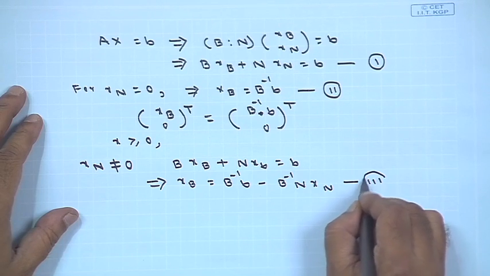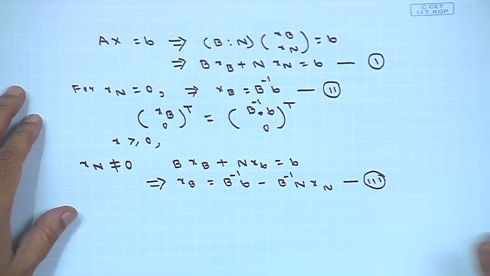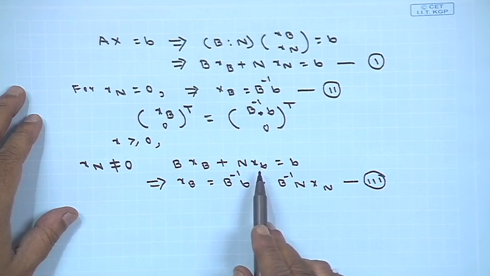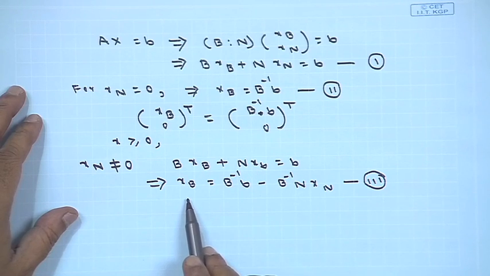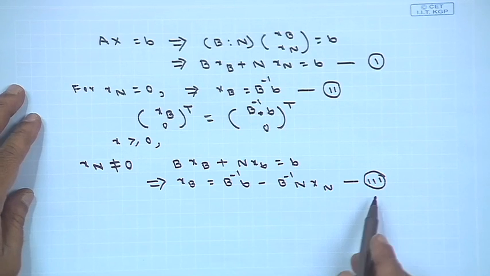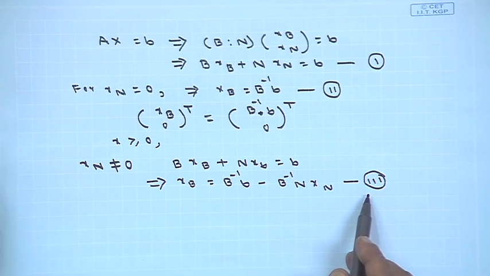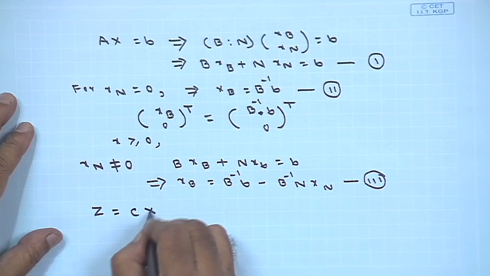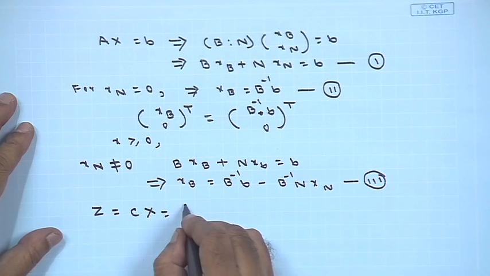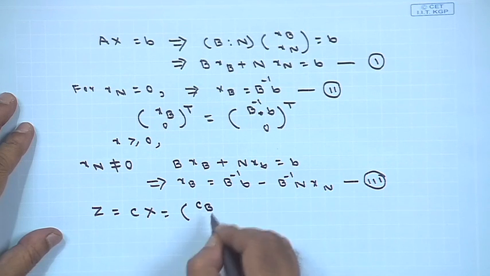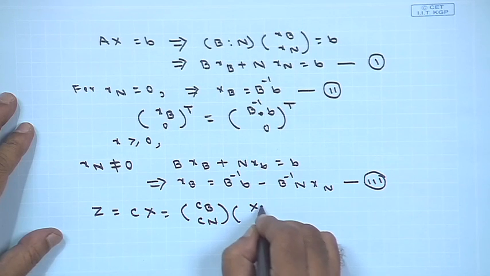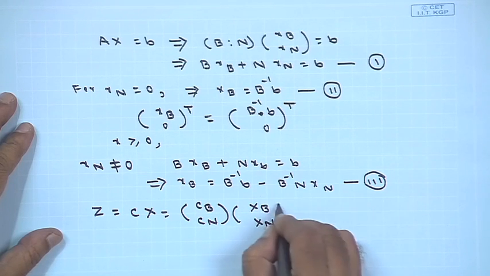This is equation number 3. So, for xN not equal to 0, from equation 1 we can write xB in this form, which we denote as equation number 3. Your Z equals Cx, and Cx we can also write as (CB, CN) times (xB, xN) transpose.